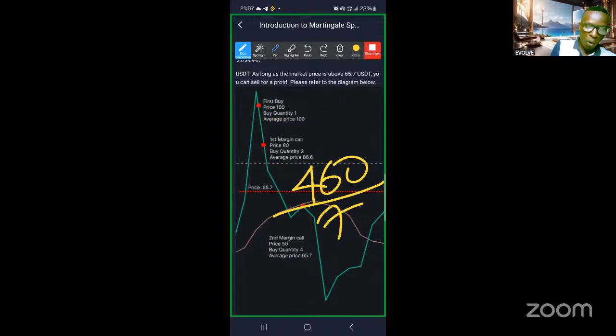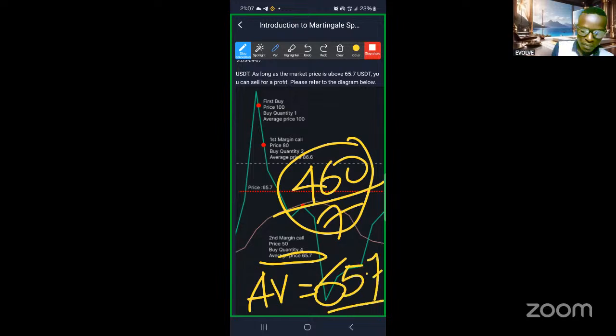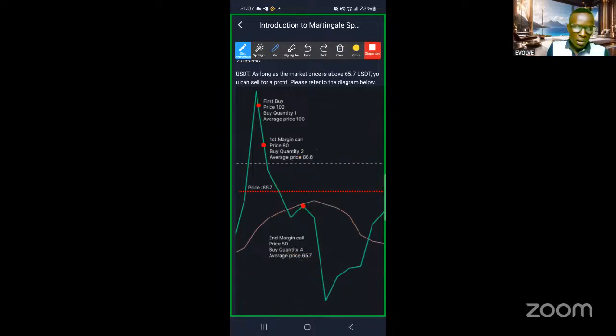Now, when we divide our total investment by the quantity received, we get the average price. And this is the one here, $65.7. What this simply means is that if the market is here now and your average price is this one, if the market rises a bit and touches $65.7 and goes up here, you will be in profit.